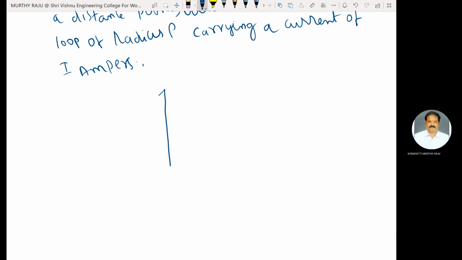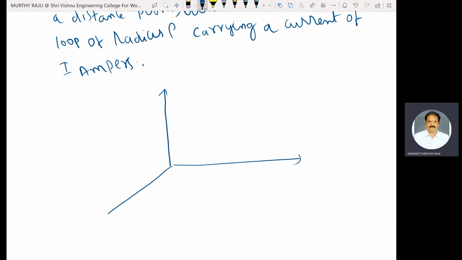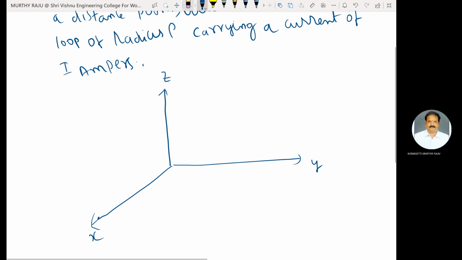Use a cylindrical coordinate system. This one is x, y, z.